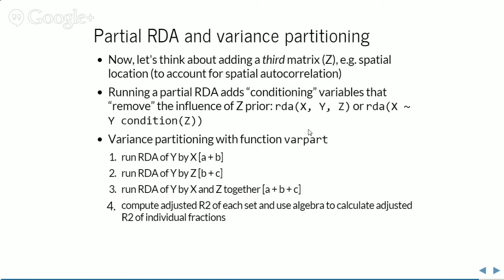Something else you might be interested in doing is related to this partial RDA, but now maybe you're actually interested in the contribution of that third matrix to the variation in your response variables. And so you can partition the variation in your response variables into that explained by matrix of variables X, a third matrix of variables Z, and then shared variance between those two.